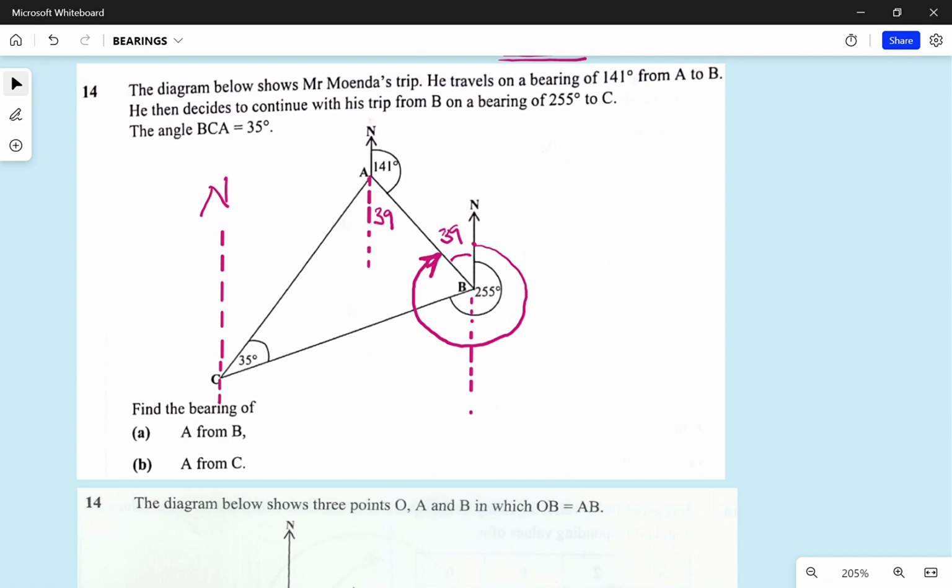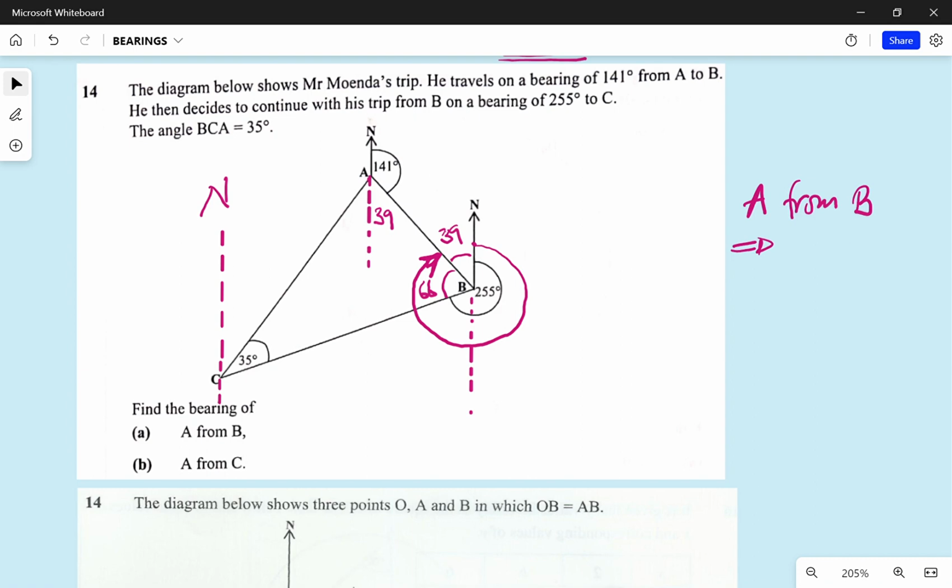So angle A from B is going to give me, so I know that here I'm going to have 66. I'm going to say A from B is starting from there to there. I've determined that from there to there it is 66.